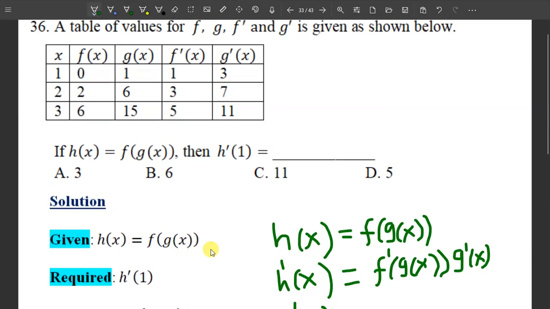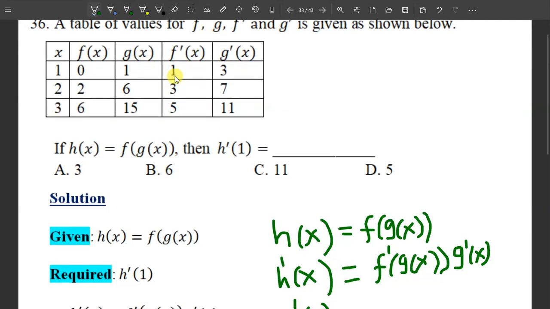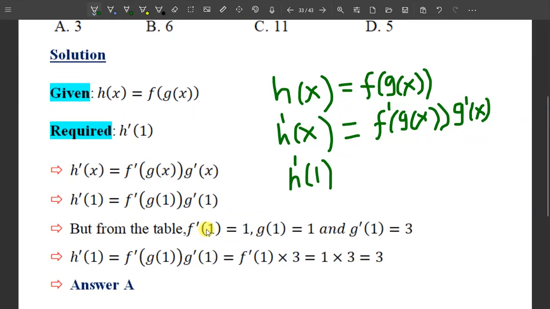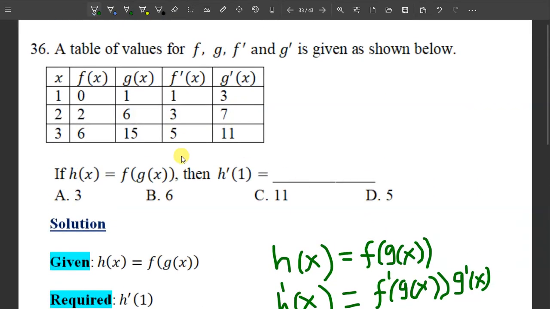As you can see from the table, when x is equal to 1, f prime of 1 is equal to 1, and g of 1 is equal to 1, and g prime of 1 is 3. When x is equal to 2, g prime of 2 is equal to 7, and so on. Similarly, when x is equal to 1, f prime of 1 is 1. When x is equal to 2, f prime of 2 is 3, and so on.